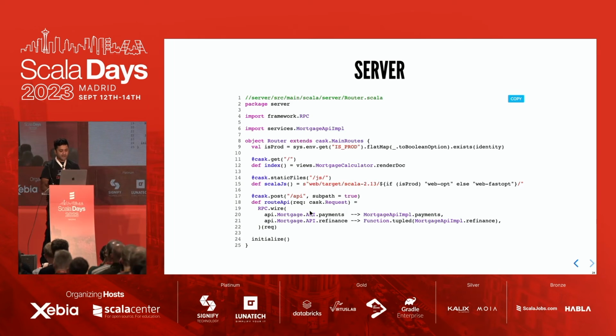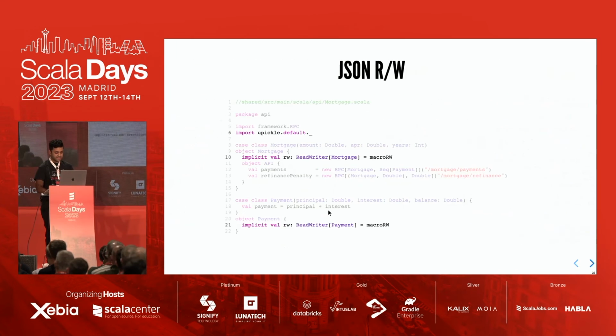I will go over how RPC.wire and this squiggly right arrow is implemented. I know symbols are now frowned upon in the Scala world, but I think this was appropriate usage here. And similarly, to be clear, on the left side, these things are my RPC definitions. So these are just definitions.